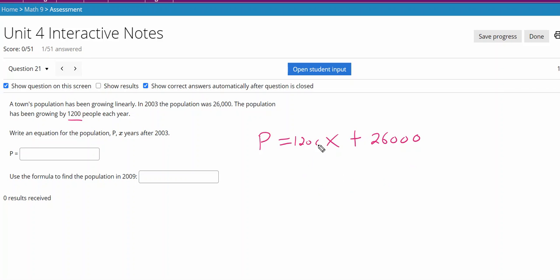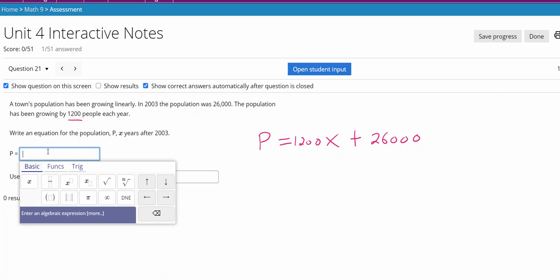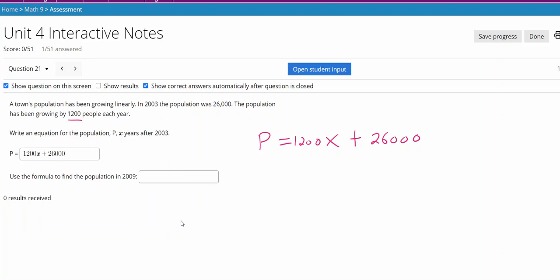So that would be our equation. We can type that in: 1,200x plus 26,000. Okay. Now it says use the formula to find the population in 2009.